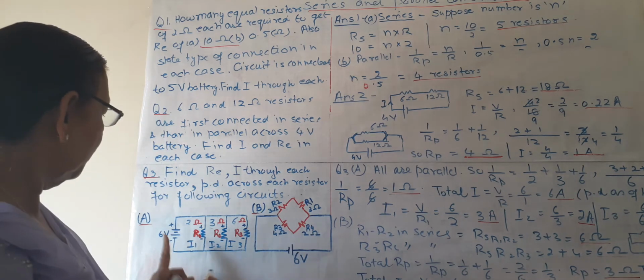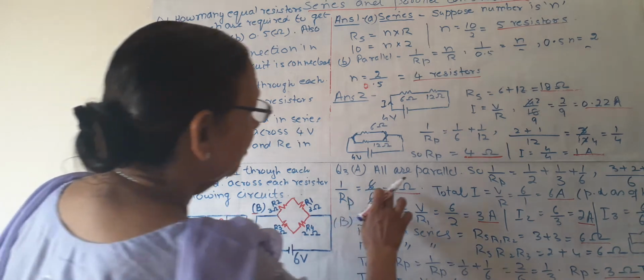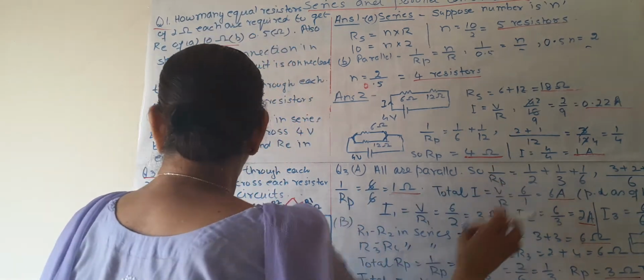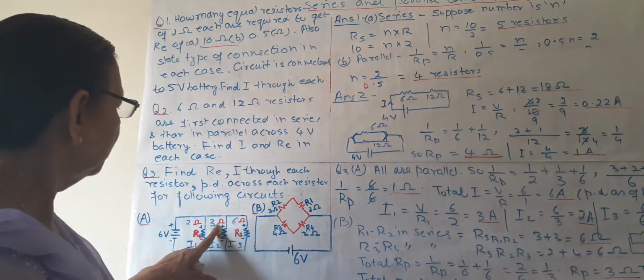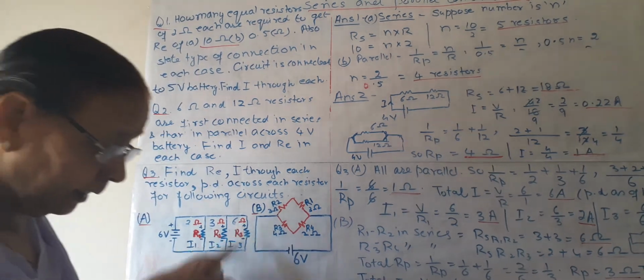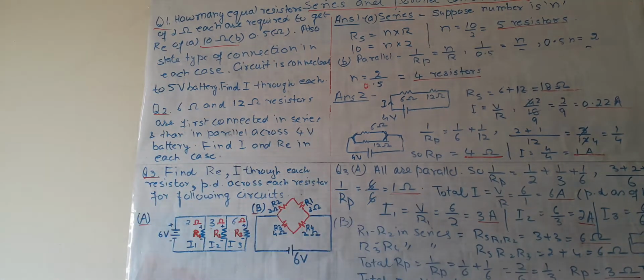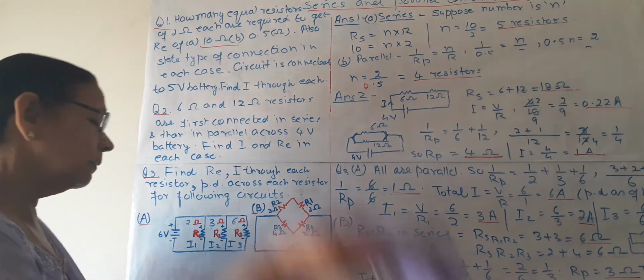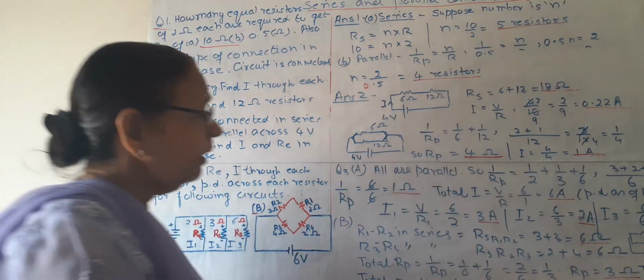So we will calculate the total. Here I have calculated, I think, total 1 upon RP is equal to, this is 2, 3 and 6 ohms are given.